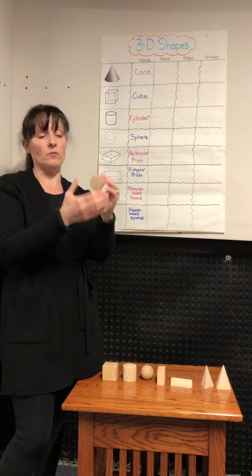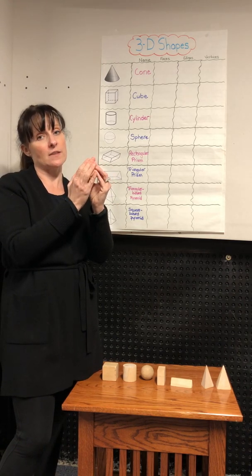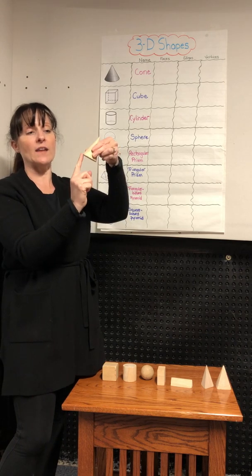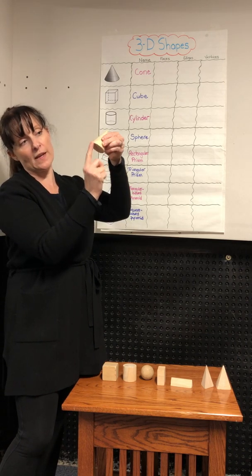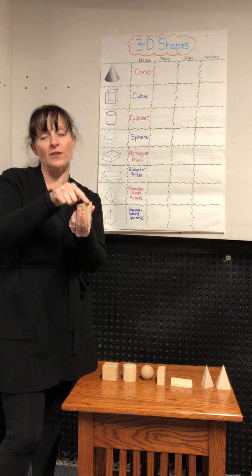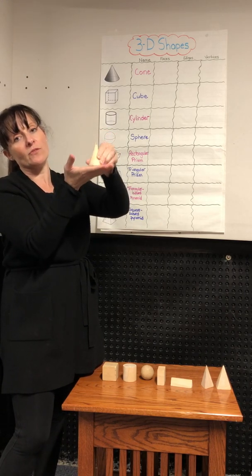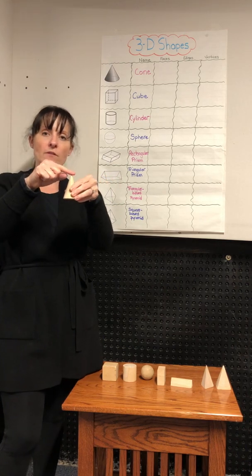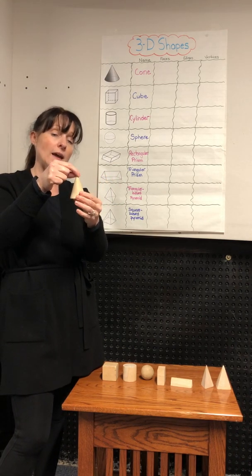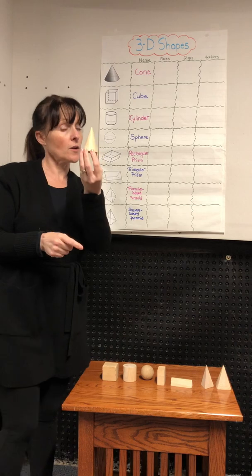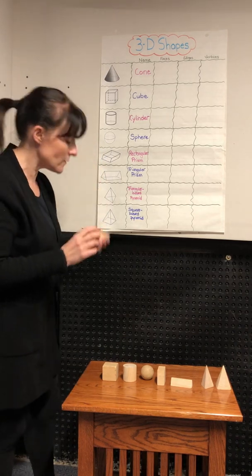So on a cone, we have a flat face. We have an edge where we can go from our face and kind of fall over like this. So we have the edge at the bottom, we have the flat face, and we also have a vertex or a point at the top. So on a cone, we have one of each.